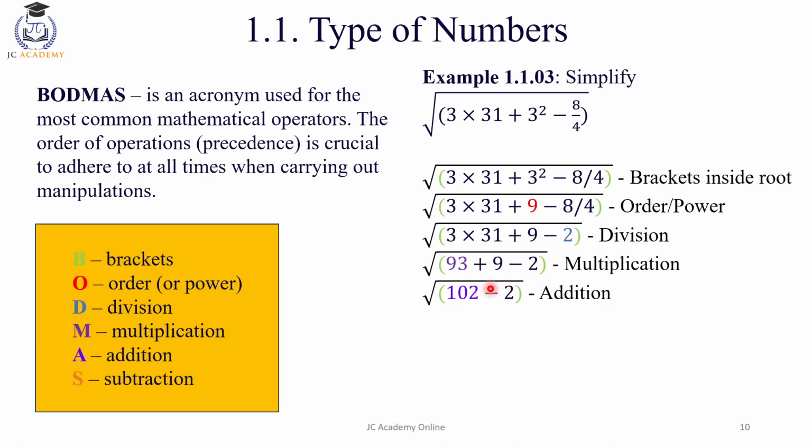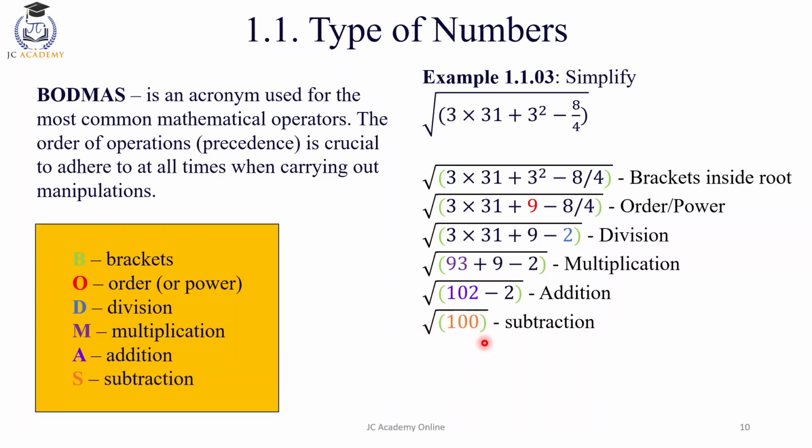That's better. So we have 102 minus 2. Okay, so we've done the addition. Now when we go through BODMAS again, there are no brackets at this stage because we're already inside the bracket. There's no order, there's no division, there's no multiplication, there's no addition, but there is subtraction. So 102 minus 2, which equals 100.